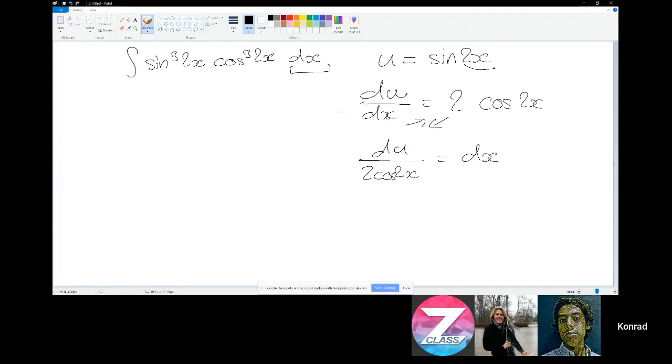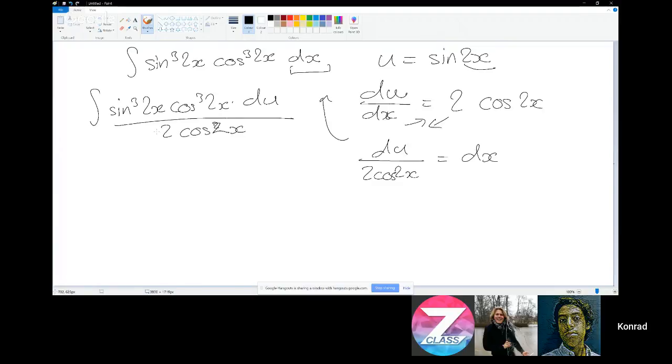And so we substitute that in, first things first. Now we have the integral of sine cubed of 2x, cos cubed of 2x, du over 2 cos of 2x as our new integral.